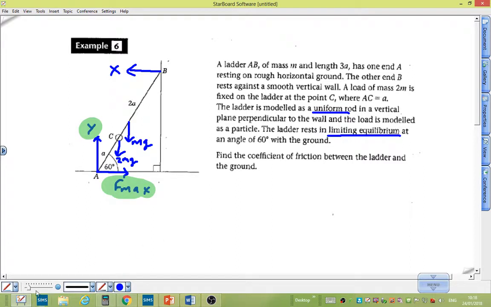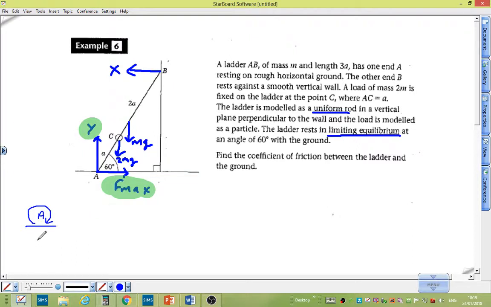So here we go. We're now going to take moments. So take moments. Clockwise I'm saying is positive about A, and I'm choosing A so it negates y and F max in one foul swoop. I'm going to componentalize these forces, but I'm not going to mess my diagram up. The only clockwise two are the weight and the mass that's been put on there.